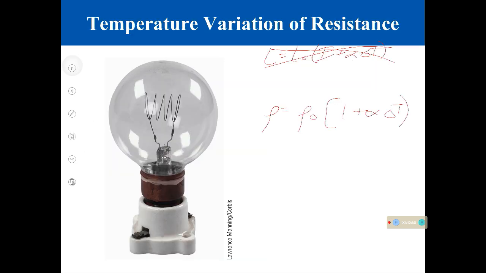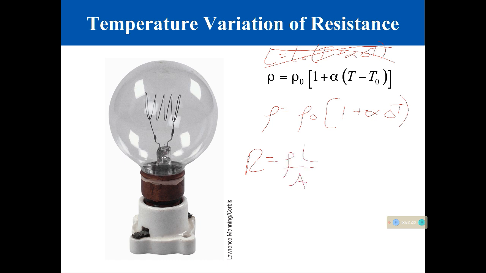So the way you can think about that is, instead of making a new equation, you could say that whereas resistance is equal to rho L over A, this is actually rho initial. Is that rho initial?